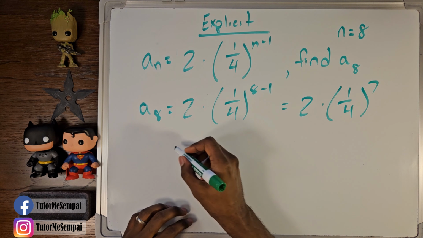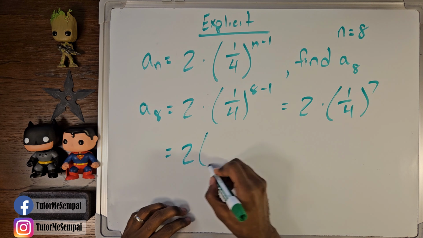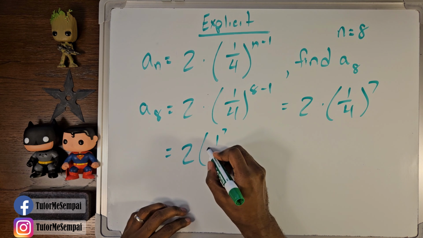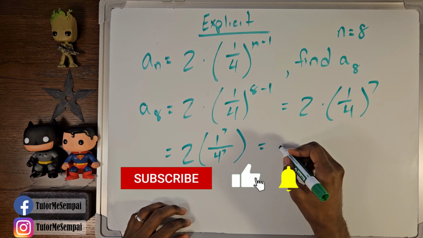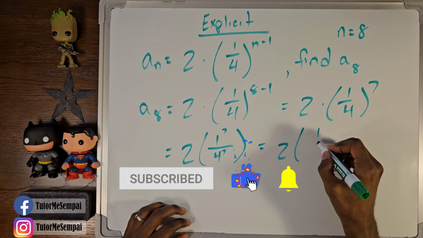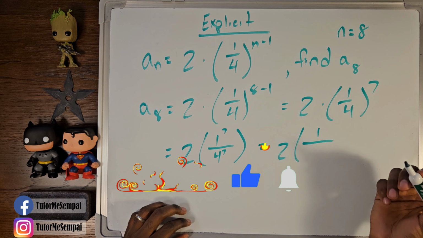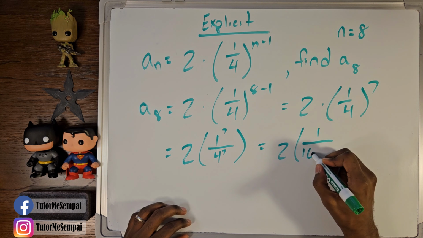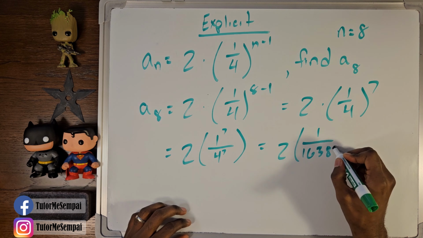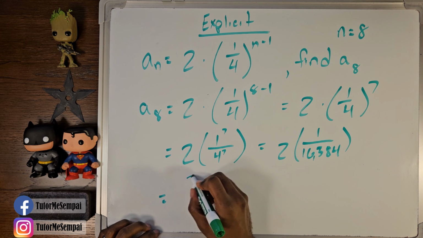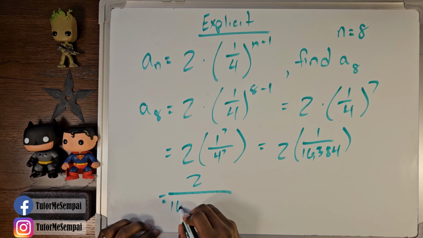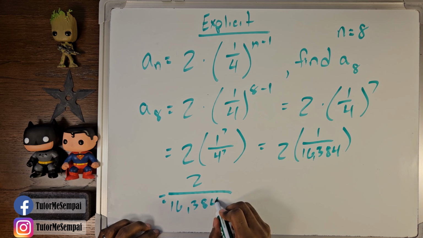And of course, we know that this is going to break down into 1 to the 7th power over 4 to the 7th power. And we can rewrite that as 2 times 1 over 4 to the 7th power, and 4 to the 7th is just going to be 16,384, which means we can rewrite this as 2 over 16,384.